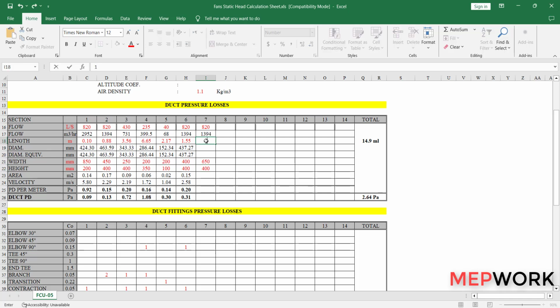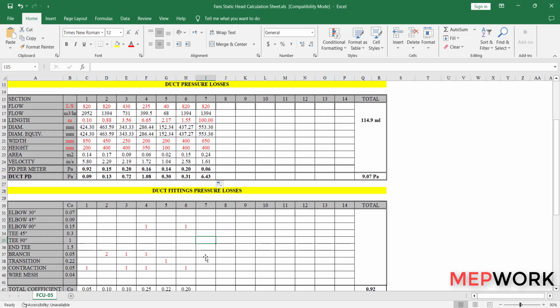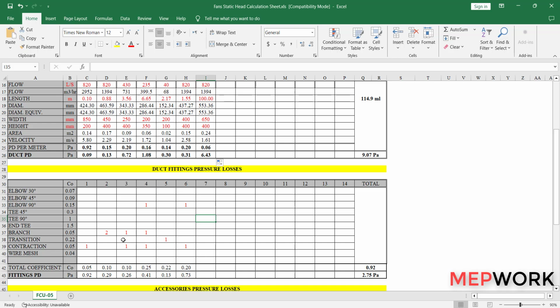Assume the length 100. And the fitting on this part is a wire mesh. One wire mesh.